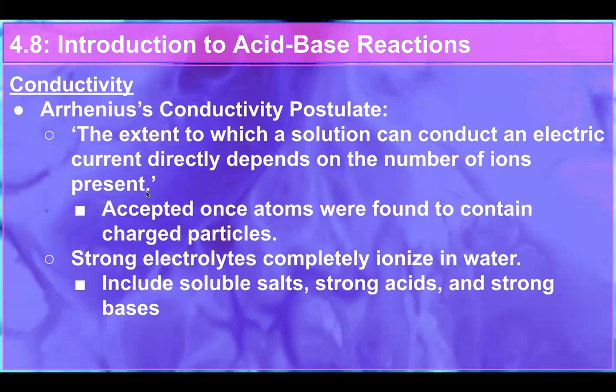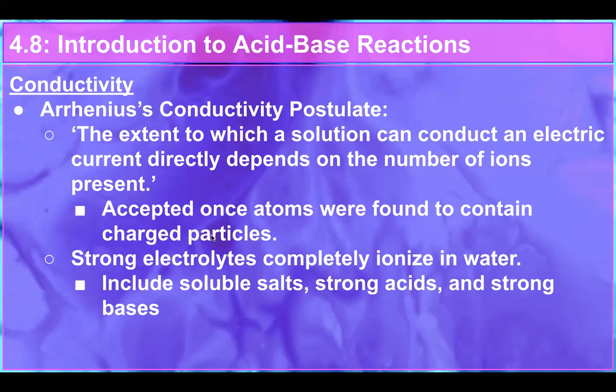So the more ions, the better it will conduct, the more current it would be able to conduct. He did this before the atomic model even came out. Once atoms were found to contain charged particles, the positive and negative protons and electrons, this postulate was accepted.